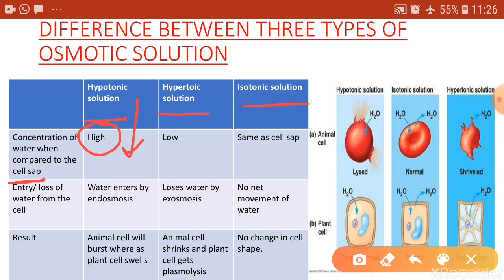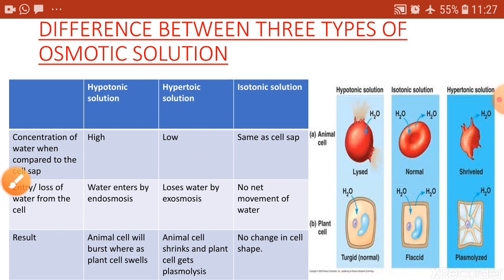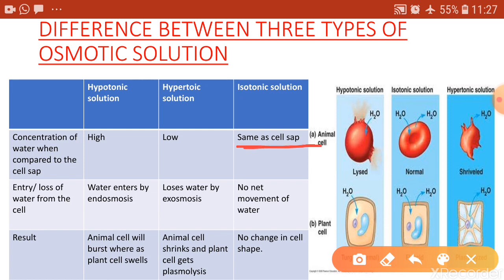Whereas a solution whose water concentration is lesser when compared to that of the cell sap is said to be a hypertonic solution. An isotonic solution is a solution whose water concentration is the same as the cell sap. There is a spelling mistake over here. This is hypertonic.